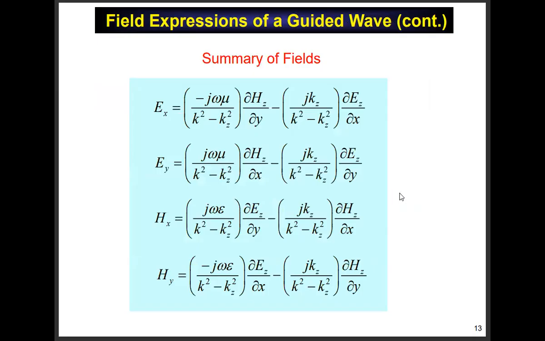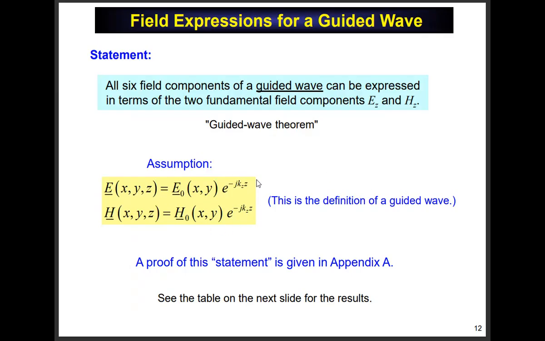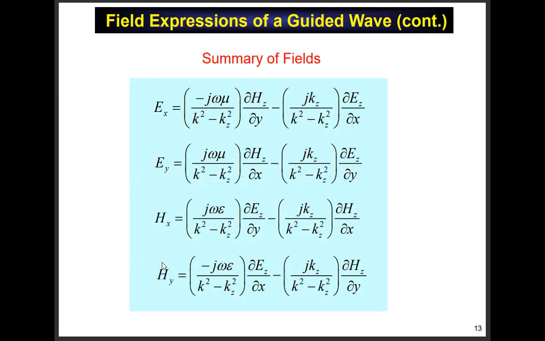In particular, as shown in Appendix A, if E and H have this mathematical form here, then the 4 components, EX, EY, HX, HY, can all be put in terms of EZ and HZ according to these equations here. Actually, in Appendix A, I only derived the first one, but if you understand the method and see how this one is derived, the other 3 work the same way. So I'll just invite you to read that on your own if you're interested in that derivation.